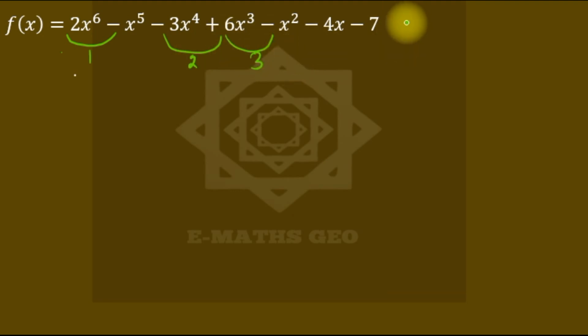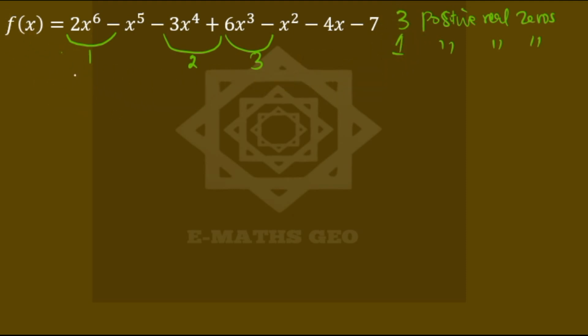So we have either 3 positive real zeros, or 1 positive real zero. I told you it's always, or less than it by an even integer, which is 2. 3 minus 2 is 1.